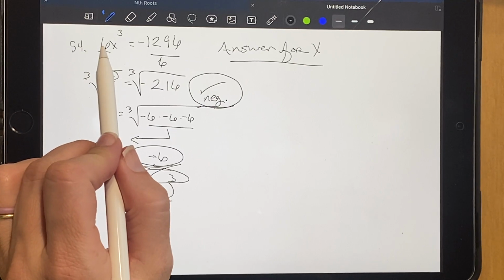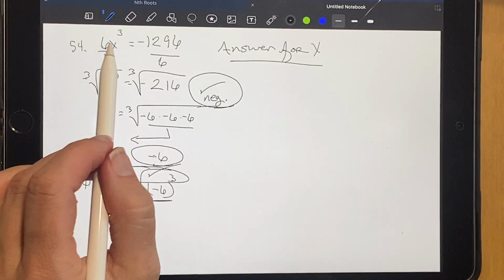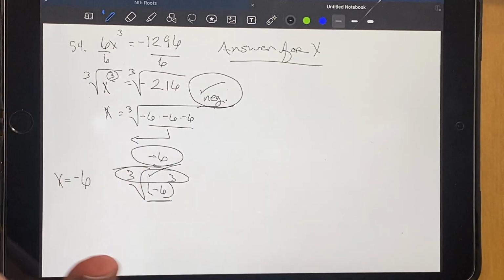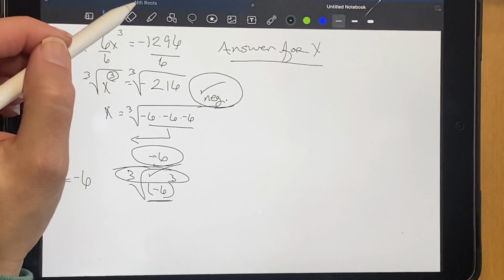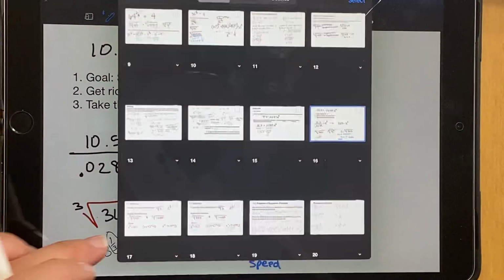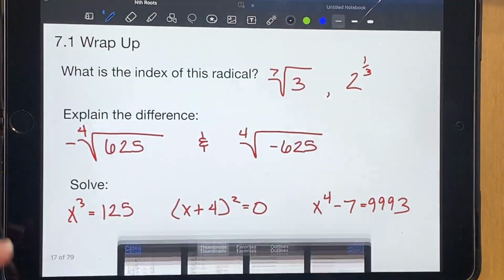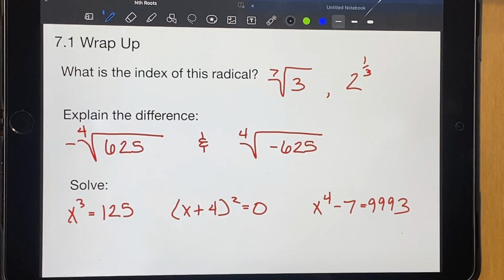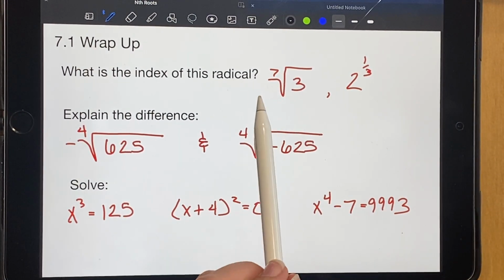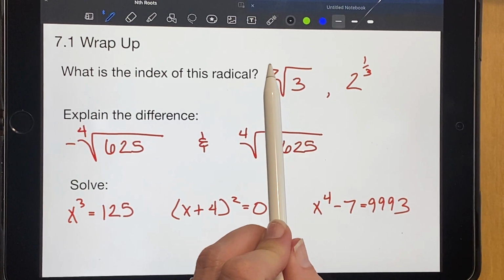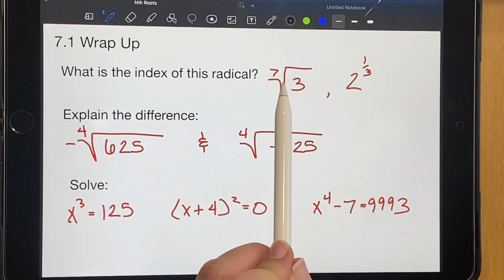If we have a coefficient, we're going to divide by the coefficient, and then we're just going to take the root. And we're going to get to use our root rules and or our exponent rules to go back and forth between that. So a summary for 7.1 is to look at it and say, what's the index? On this one, the index for our radical, remember, is always what we are looking for.